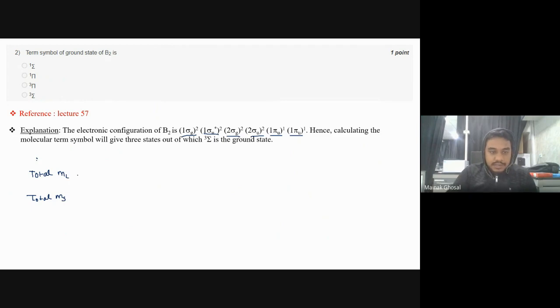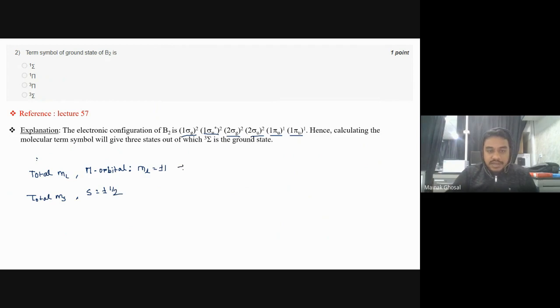Since your highest orbital is the pi orbital, two pi orbitals are there, so their ml is plus or minus 1 and s is plus or minus half.